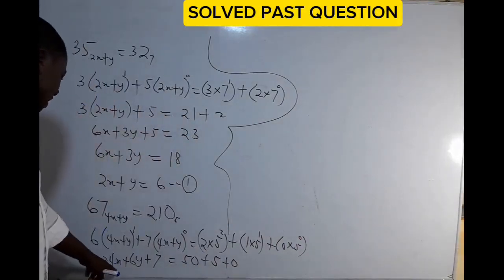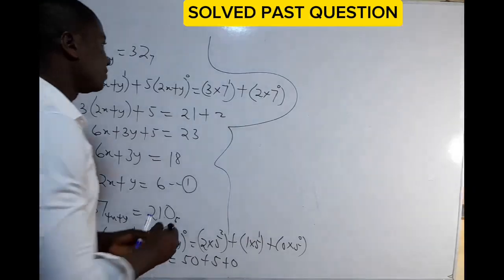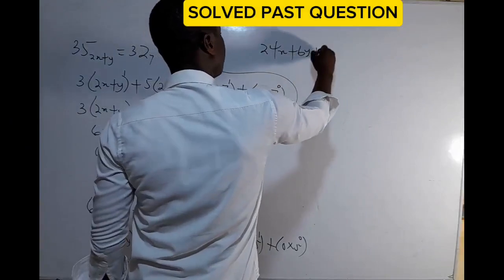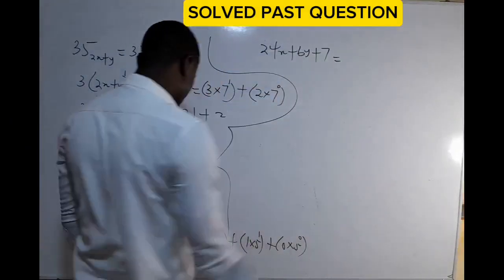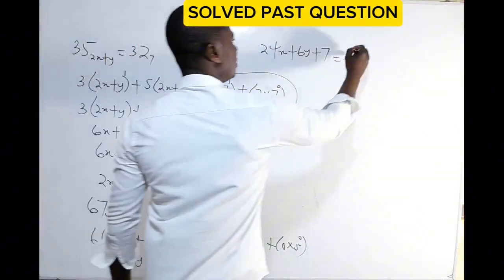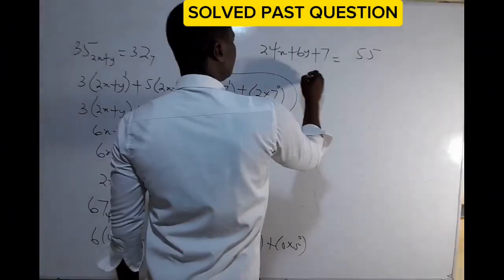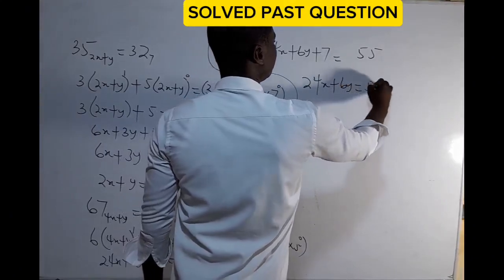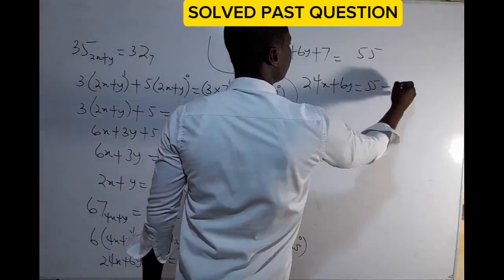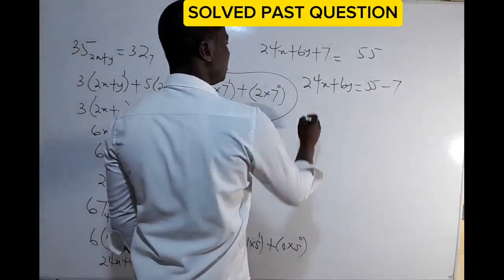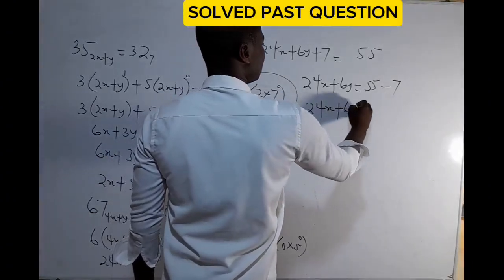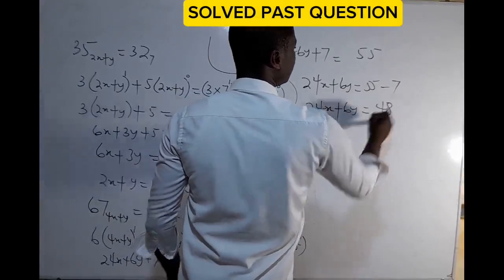Now we simplify this. We have 24x plus 6y plus 7 on the left hand side is equal to 50 plus 5, which gives us 55, okay? So we can have 24x plus 6y is equal to 55 minus 7. Plus 7 becomes minus 7 on the right hand side. So we have 24x plus 6y, and this should be equal to 48.